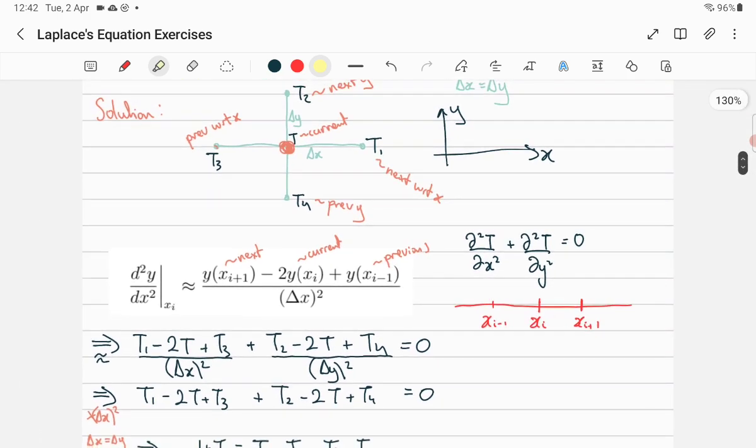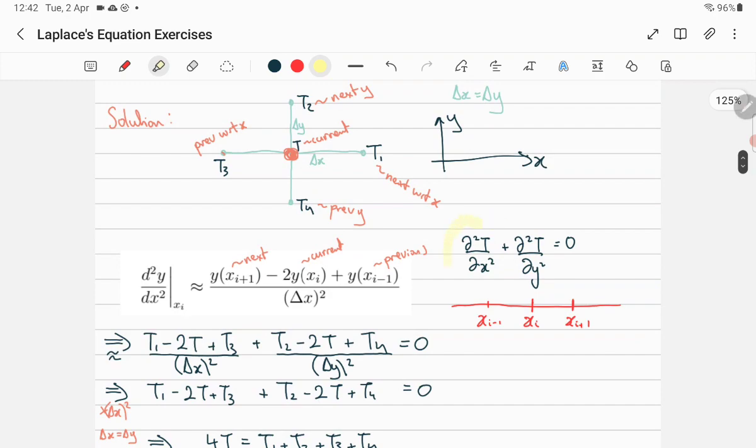So we basically use that formula twice. So the second derivative here, we're talking about this axis here. So the next is T1 minus twice the current, and the current we're just calling T, plus the previous, T3, divided by delta x squared.